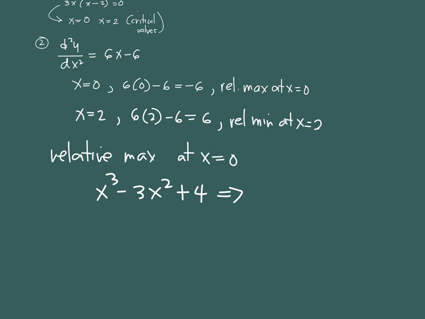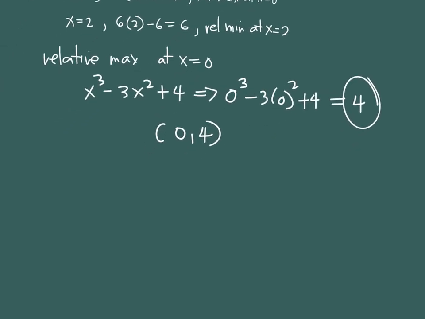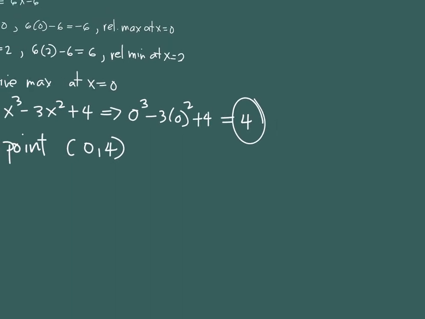When x is equal to 0, it means 0 cubed minus 3 times 0 squared plus 4. So that means this is equal to 4. So the relative maximum is 4. What is the maximum point? It means (0, 4). So the relative maximum point is (0, 4), while this 4 is the relative maximum value.